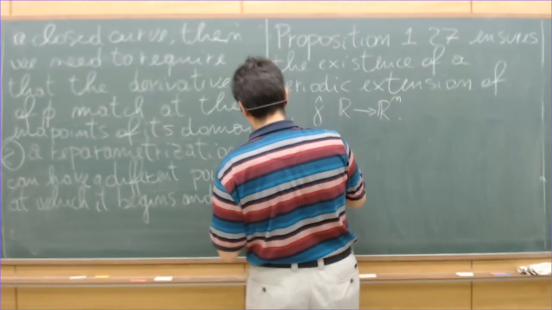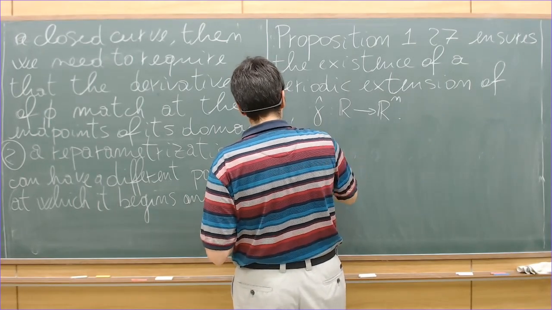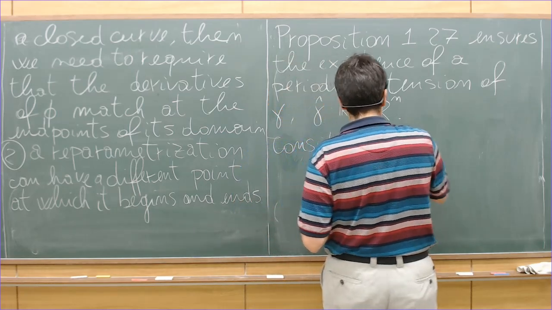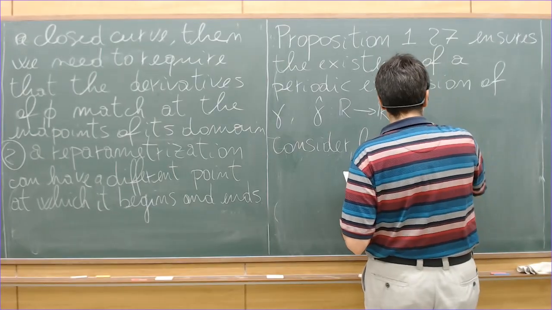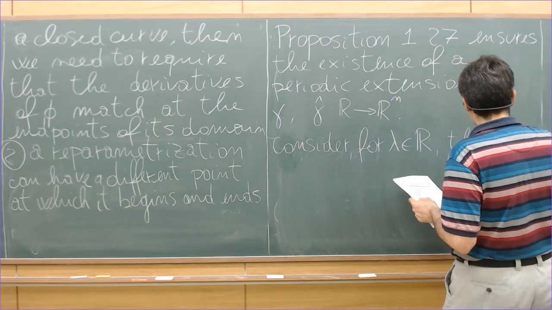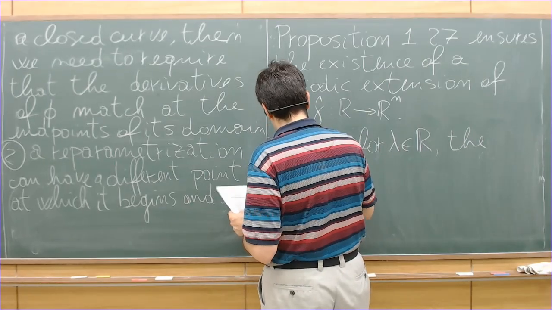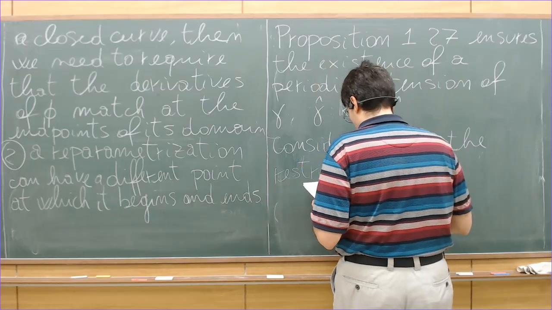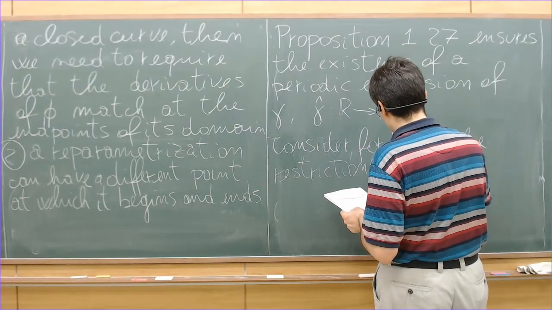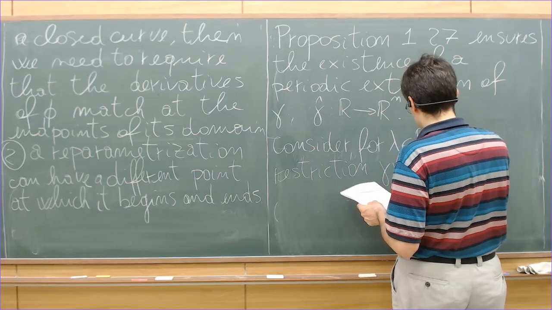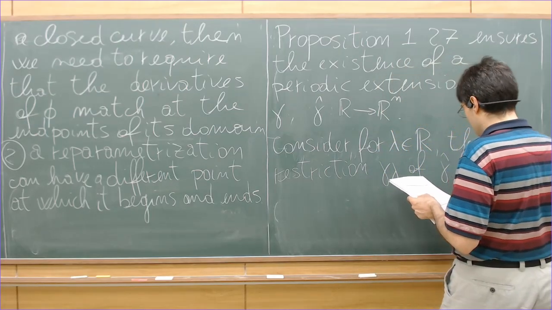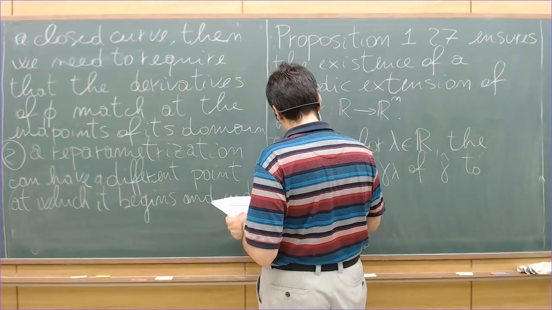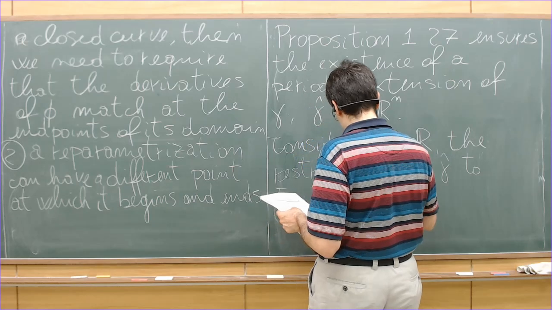Consider, for lambda in R, the restriction gamma lambda of gamma hat to the interval [a plus lambda, b plus lambda].